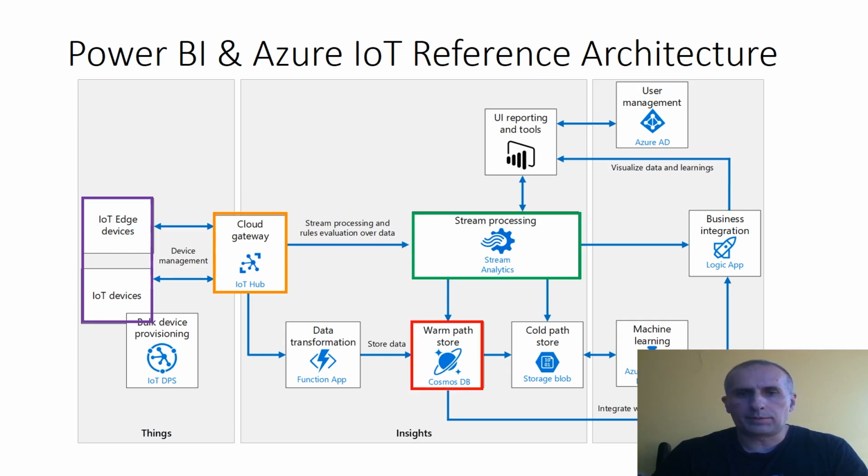It is also possible to have persistence in CosmosDB or another storage for partially processed data or fully processed data for future reports. It is possible also to store not processed data for future analytics in so-named cold path storage.